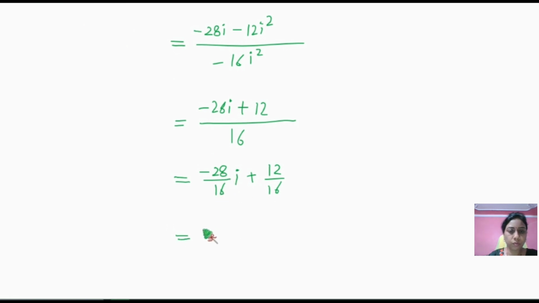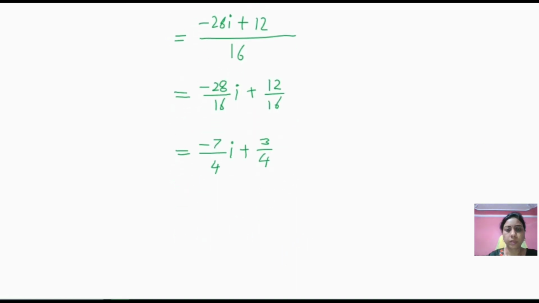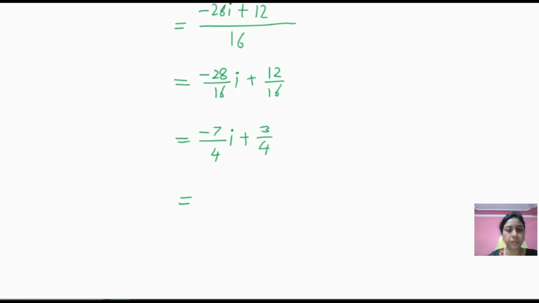Here we can divide by 4: minus 7, because 4 times 7, 4 times 4, i, and this is also divisible by 4, so 4 times 3, 4 times 4. So our final answer we can write in a plus bi form. The a value is 3 upon 4, the real part, and the imaginary part is this. Okay, and this is the answer.